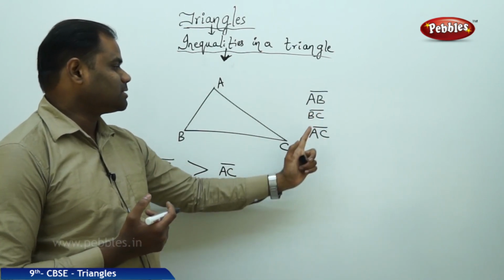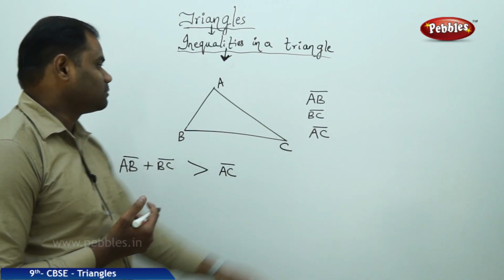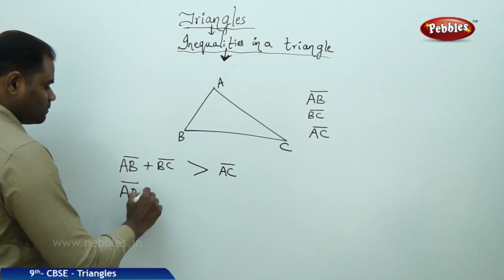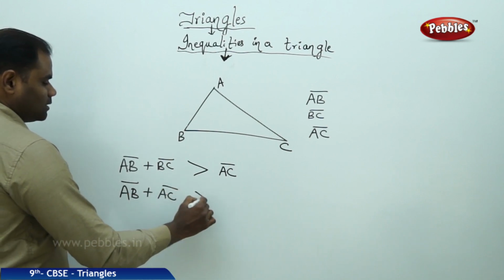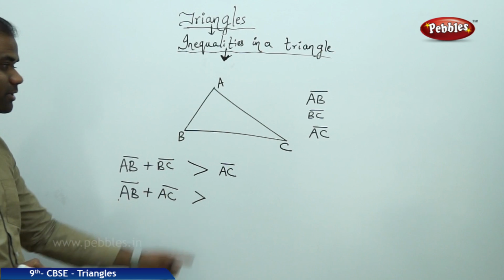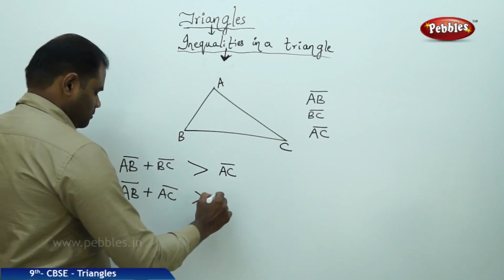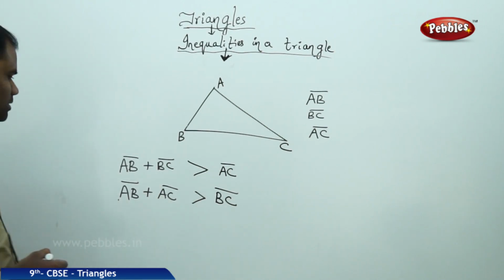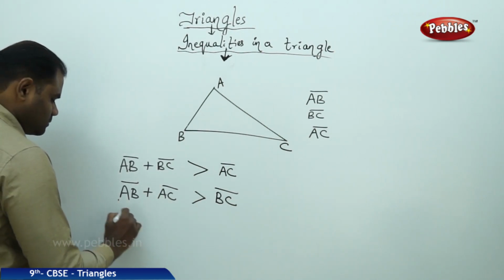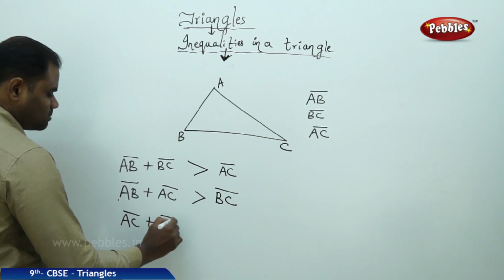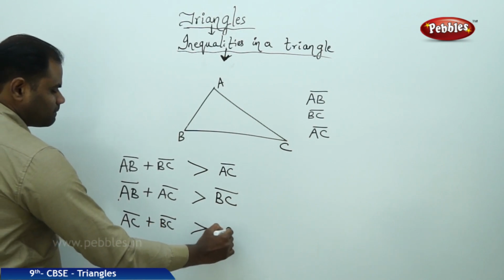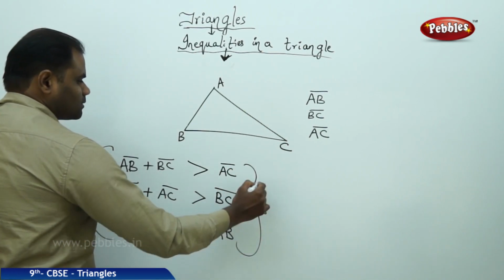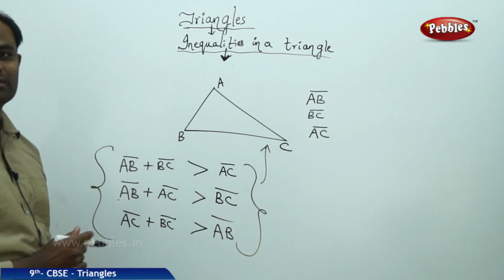That is, AB plus AC will always be greater than BC. So if I take the two sides AB and AC, then the sum of these two sides must be greater than the third side BC. Next, if I take the two sides BC and AC, AC plus BC must be greater than AB.